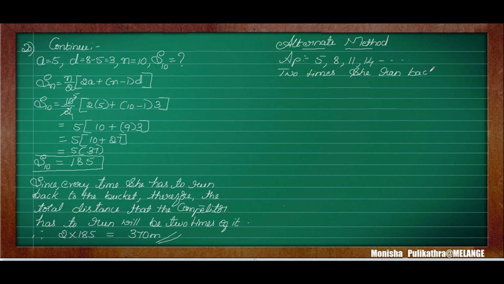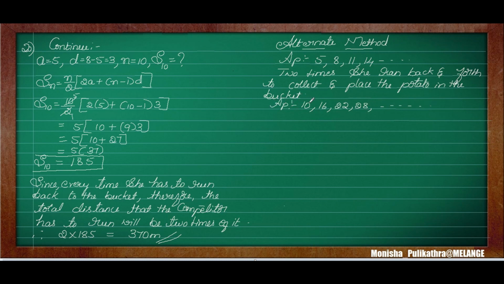So 2 times she ran back and forth to collect and place the potato in the bucket. So the distance has to be taken 2 times. So I will be multiplying each of the AP terms by 2. It will become 10, 5 twos are 10, 8 twos are 16, 11 twos are 22 and 14 twos are 28. The sequence has been changed. So this is the new AP.